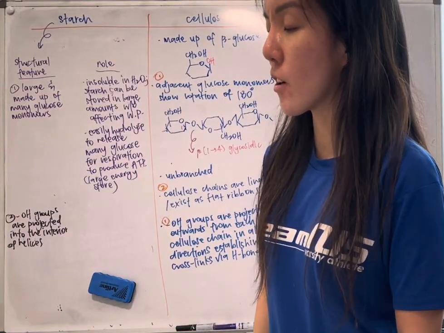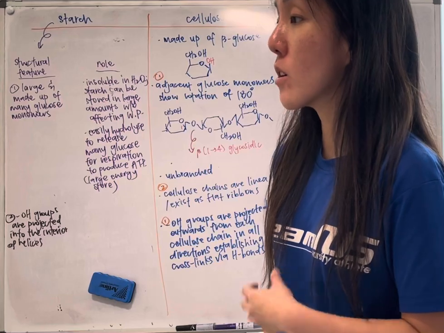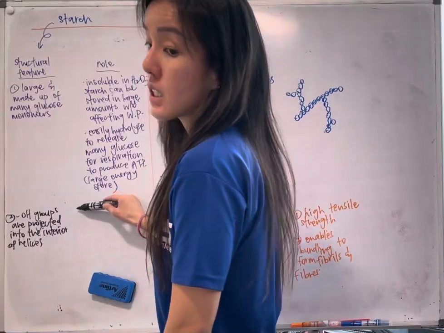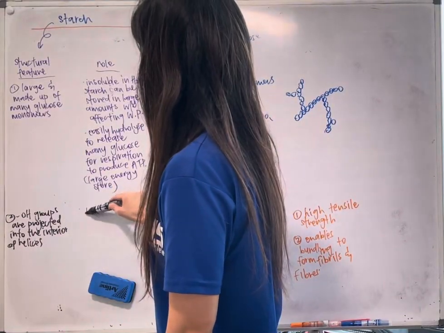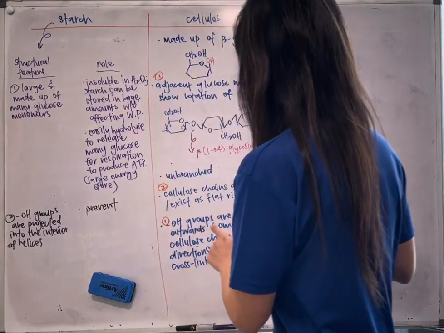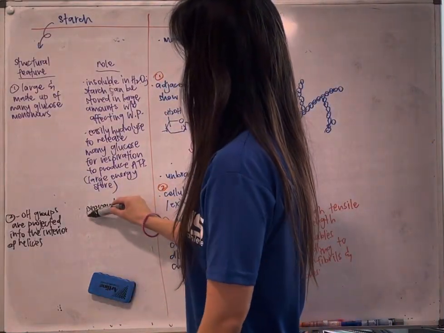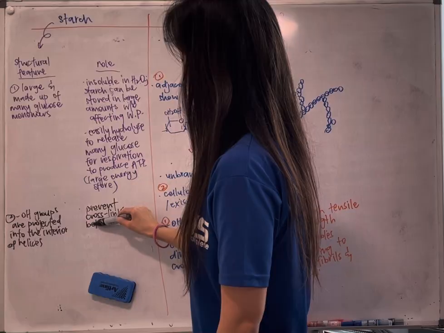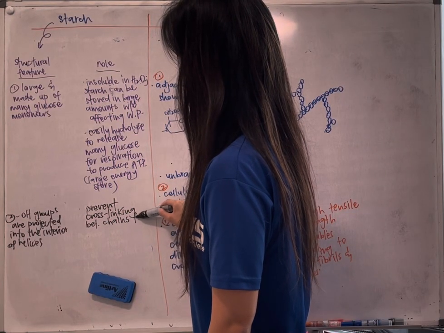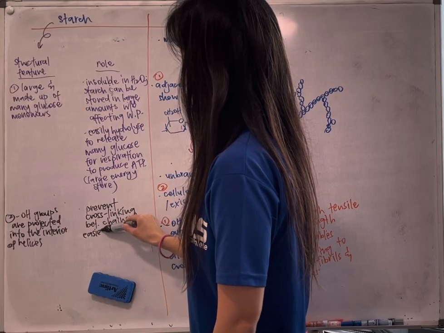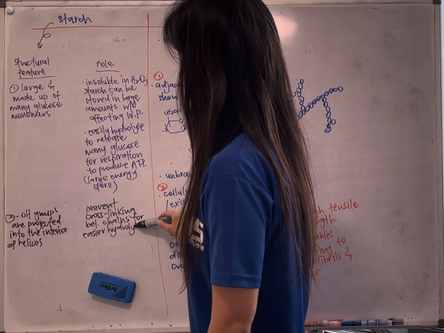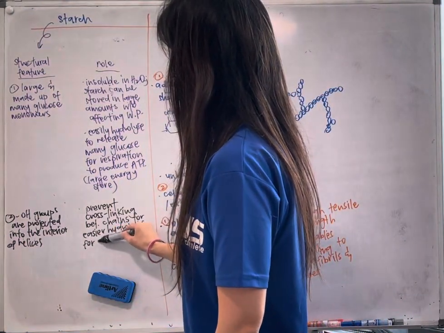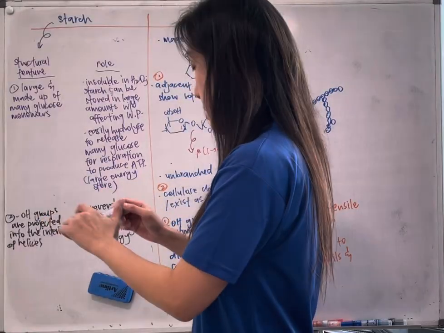Is it easier to hydrolyze if more energy needs to be absorbed? No. You want to release glucose fast, right? For energy. So the purpose of this is to prevent cross-linking between chains for easier hydrolysis. The idea is for energy, yeah? You should know by now because it's still respiration.